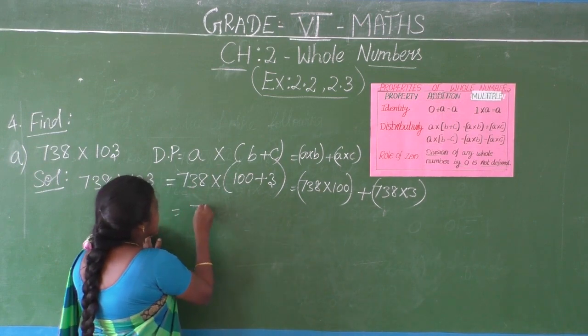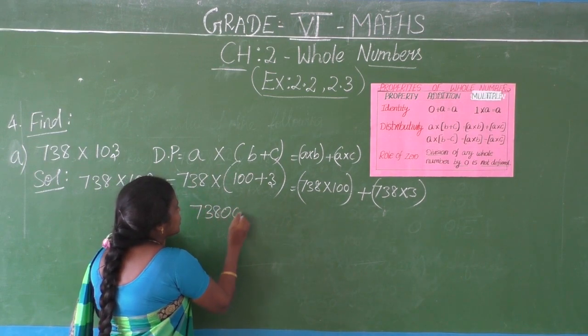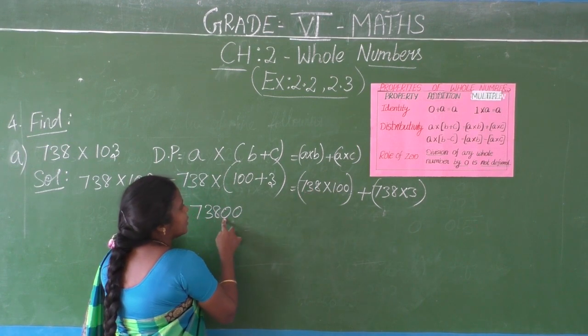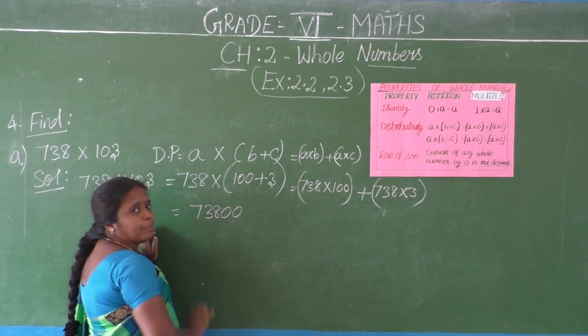738 into 100, just add 2 zeros there. 0 into anything, 0. 0 into anything, 0. 1 into that number itself.